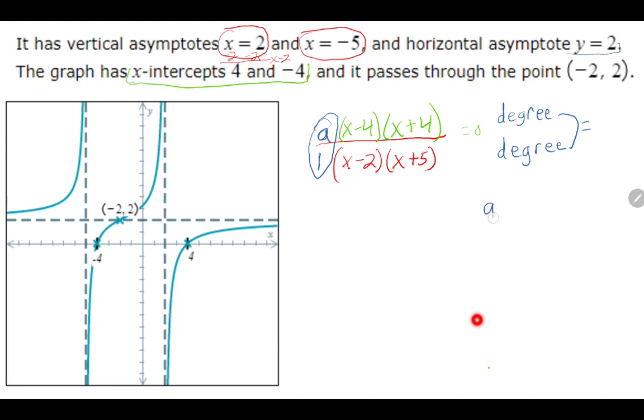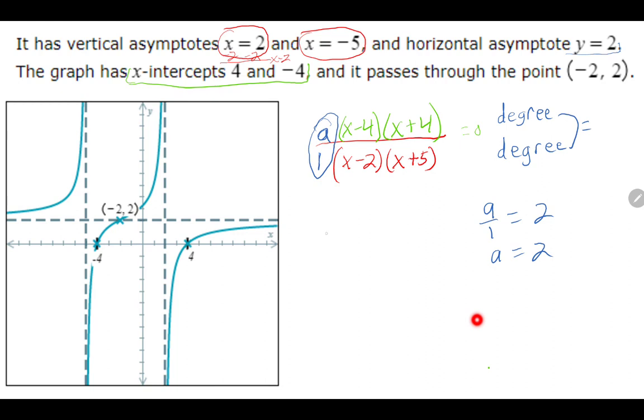So since a over 1 must equal 2, that means that a is equal to 2. I multiply both sides by 1, and a over 1 is just a. So that means that's 2.